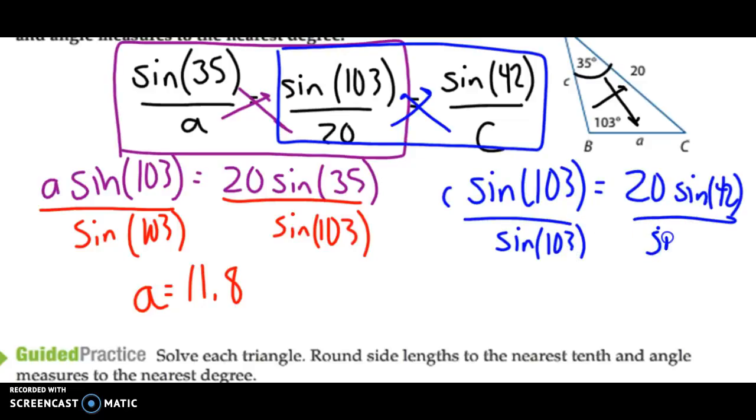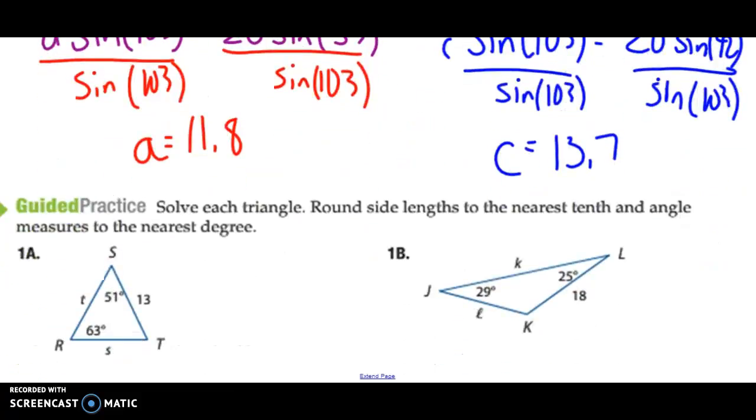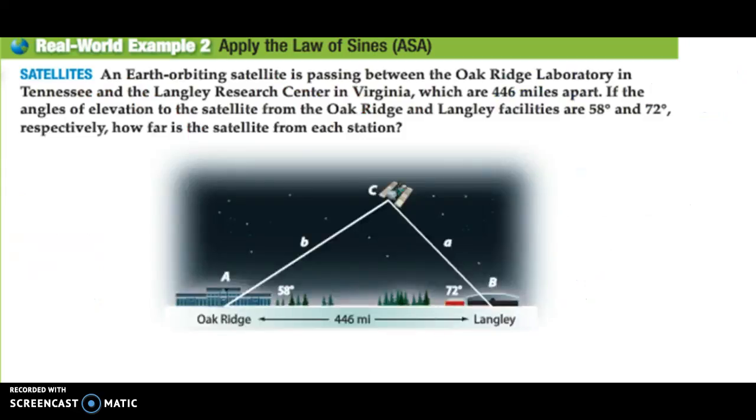And I find that C is approximately 13.7. Okay, so we can just use the law of sines to find the missing sides of our oblique triangle. Here's some other examples if you'd like to try some on your own.